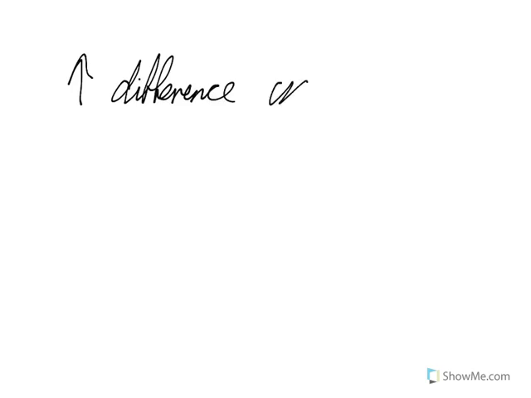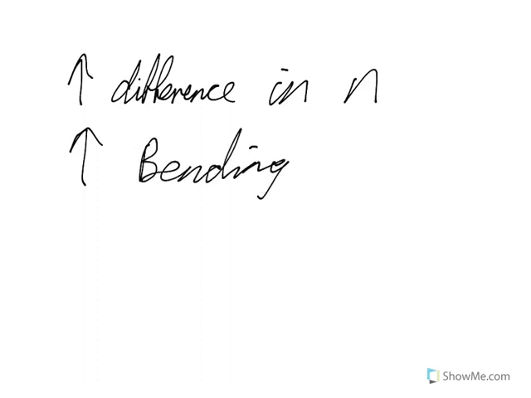Alright, so the differences in our refractive indexes give us a bit of an idea of how much bending, so the greater the difference in refractive indexes, the greater the bending. Alright, and so there's a guy named Snell in the 1600s who came up with a thing that we call Snell's Law.